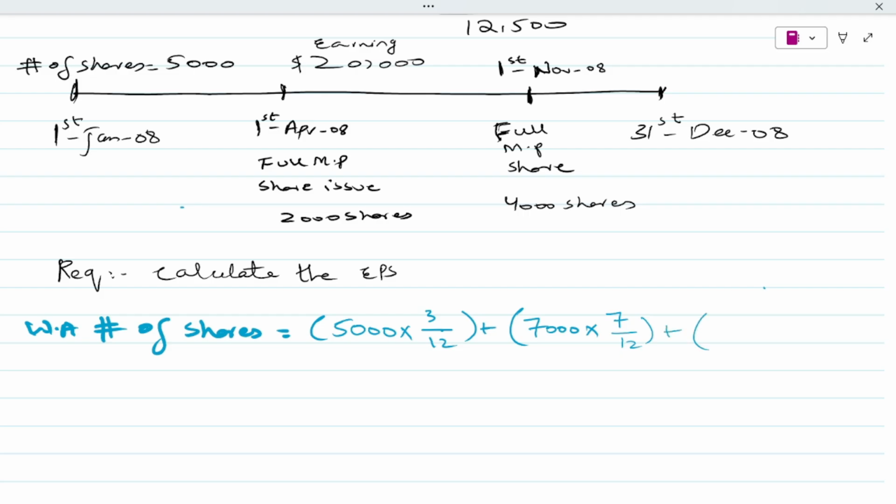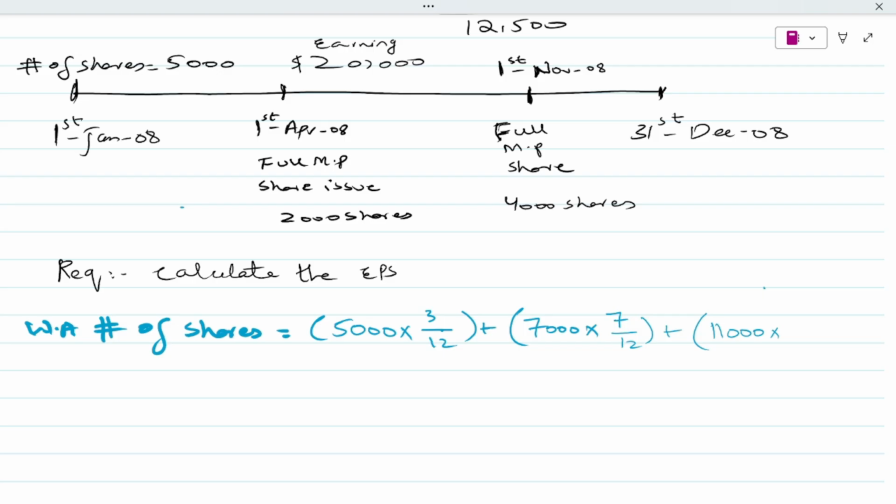Plus, on 1st November, we have another full market price share issue of 4,000 shares. So 7,000 were before and now 4,000 more. So 7 plus 4 is 11,000. Now we have a total of 11,000 shares in issue, and how many months are these? From 1st November to 31st December, which is our year end.